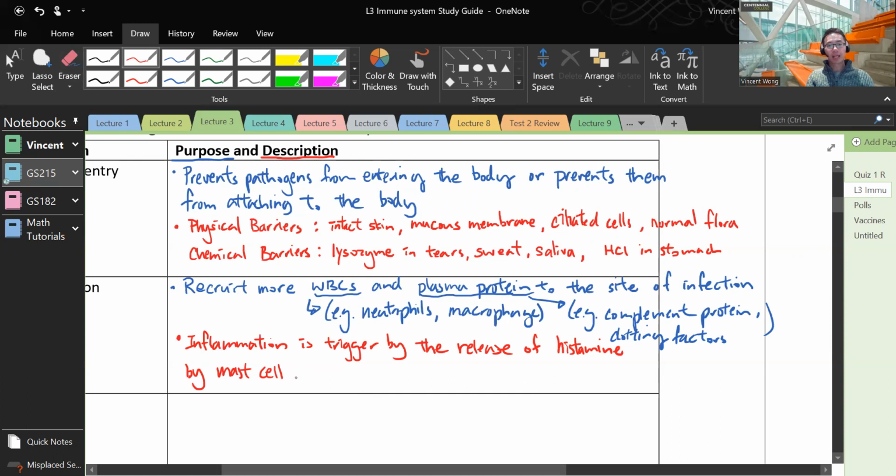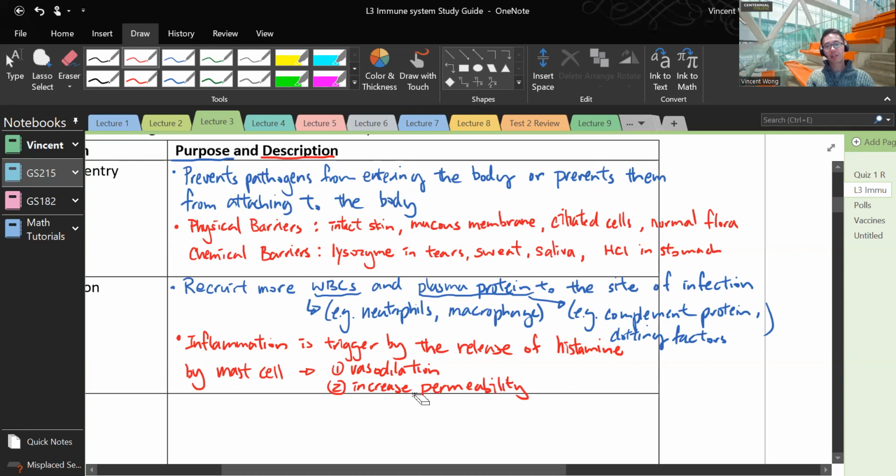Okay, so this would result in, number one, vasodilation. That means the vessel is going to get bigger. And number two, we're going to have increased permeability of the vessel.